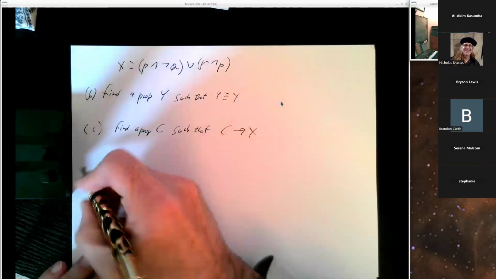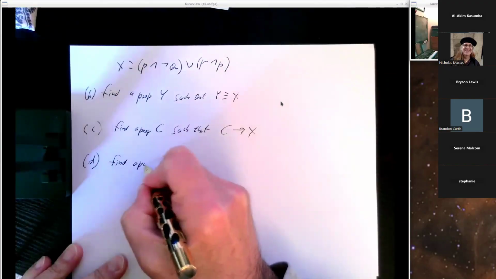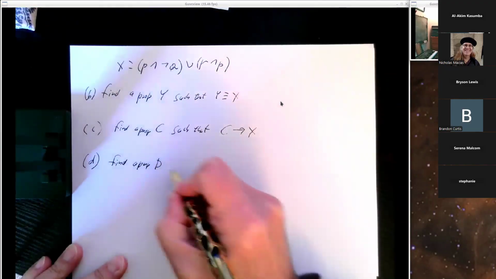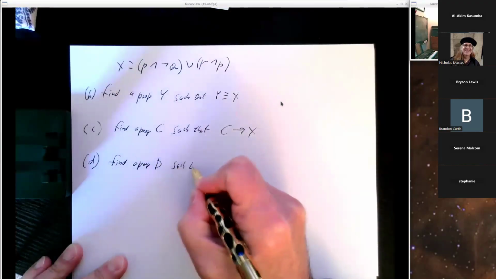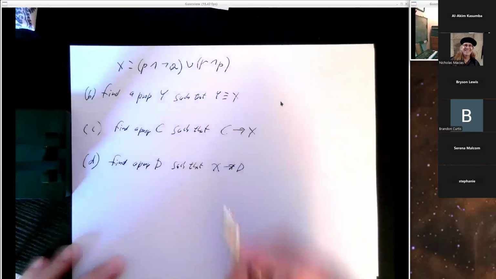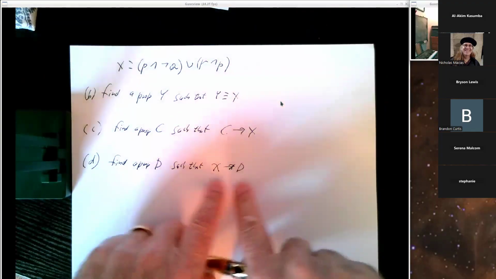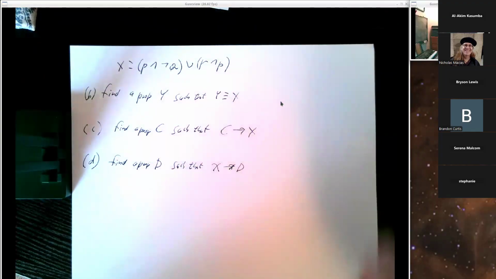And then D goes in the other direction. Find a proposition D such that X implies that proposition. So find a proposition D such that if X is true, then D is true.